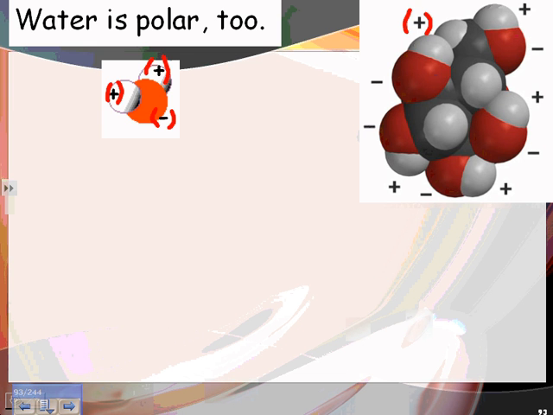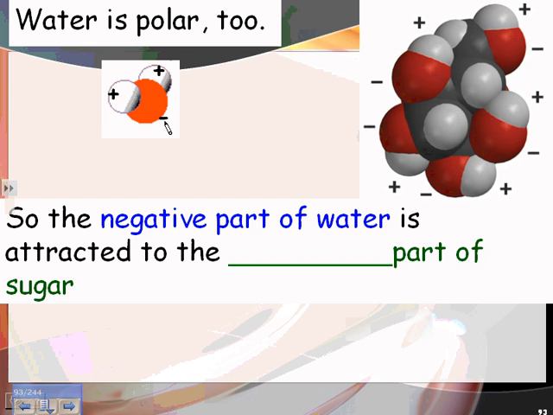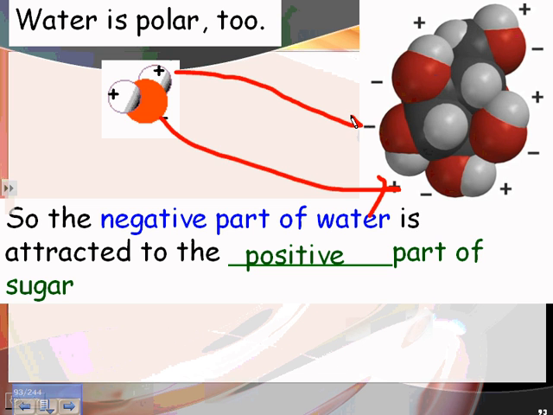So the negative part of water, this part, is attracted to the positive part of sugar. And so the negative part here is attracted to, whoops, this positive part. This positive part would be attracted to the negative part.